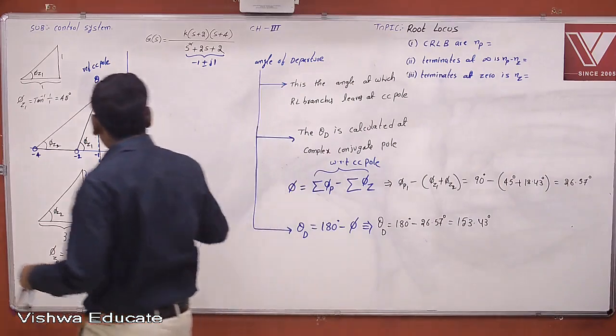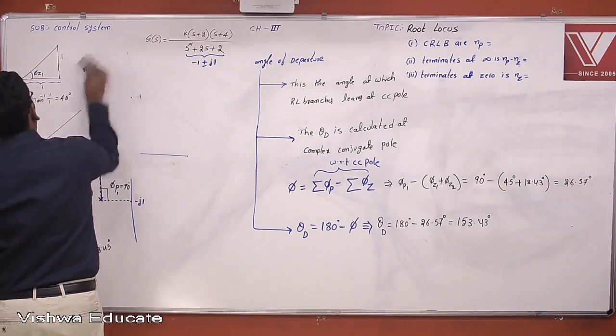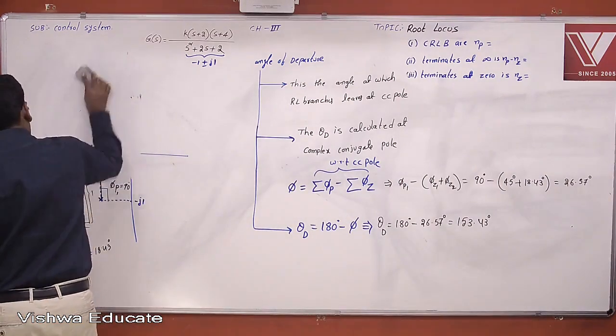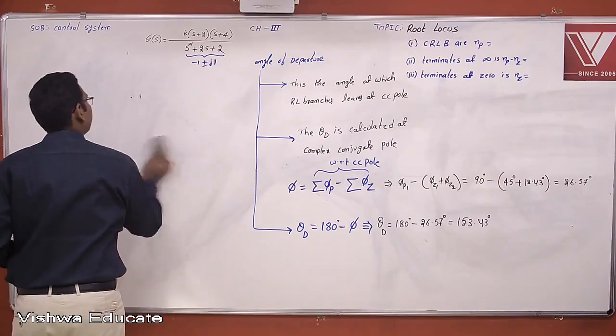Now once you find the angle of departure, you can easily draw the root locus diagram.